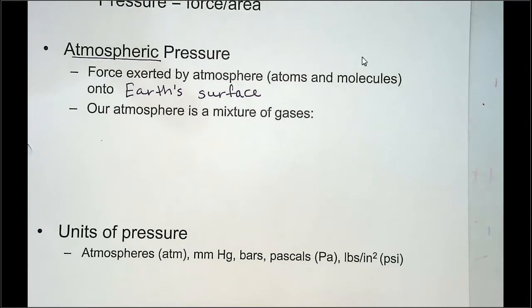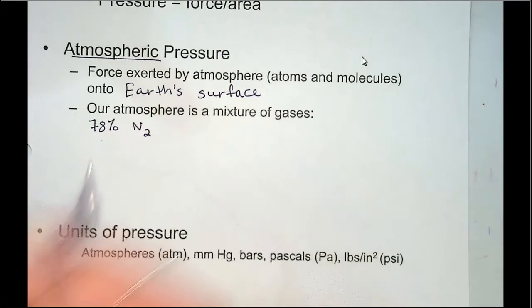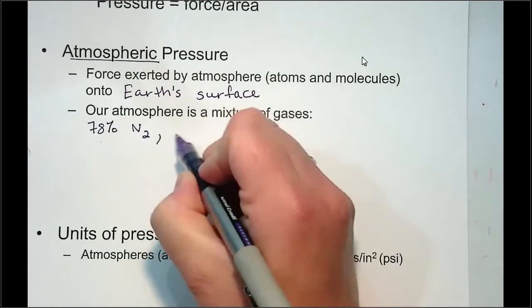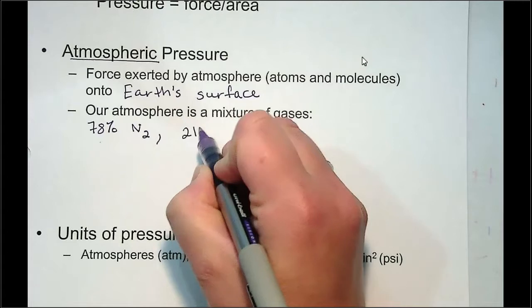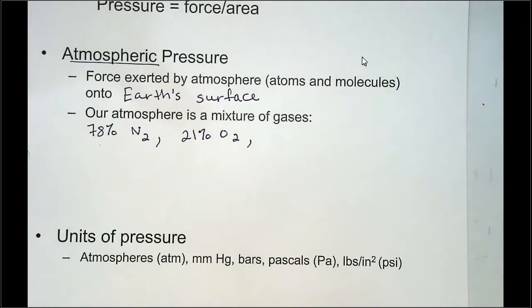Okay, so the atmosphere is composed of a bunch of gases. What gases are they? Nitrogen, yep, so it's 78% nitrogen. What else? How do you survive? Oxygen, yep. About 21% oxygen. What else? Carbon dioxide, yeah.